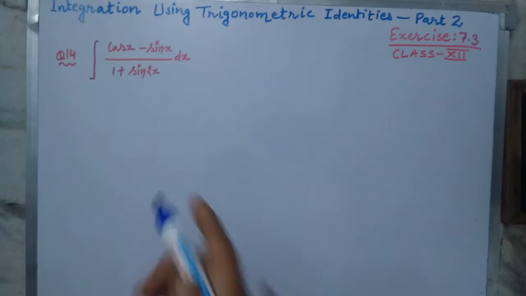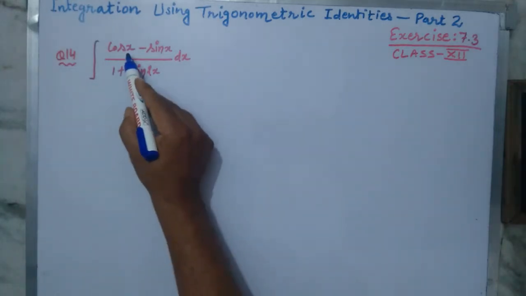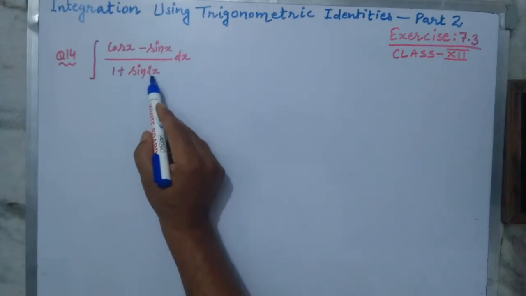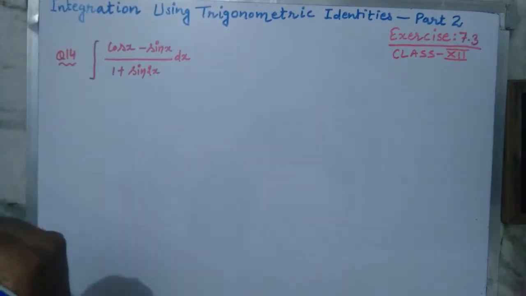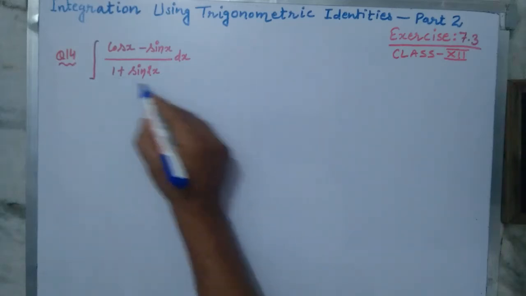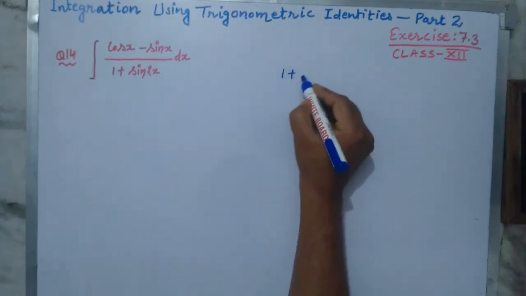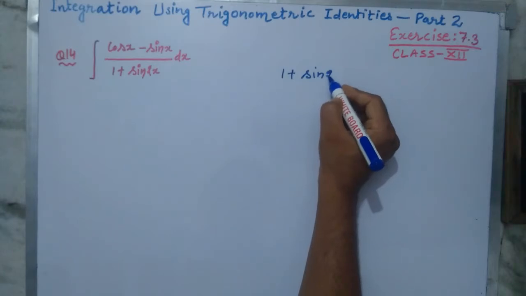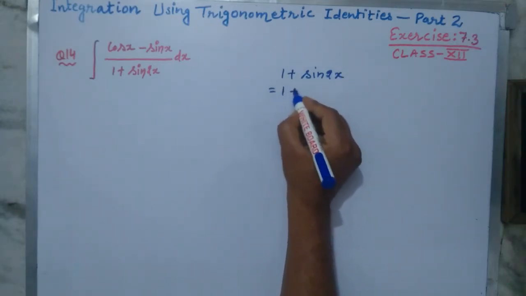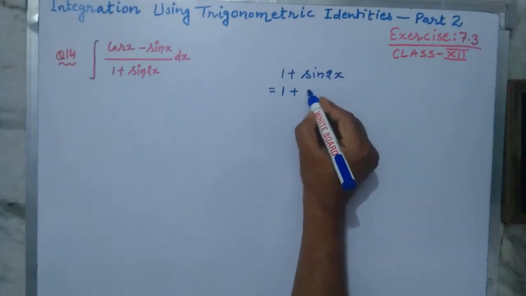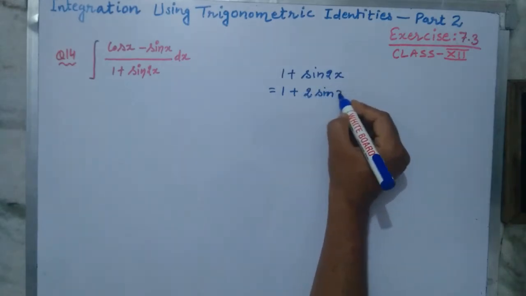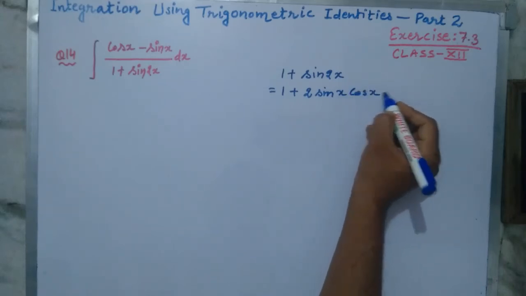Now we have question number 14. Integration of (cos x minus sin x) divided by (1 plus sin 2x) into dx. So first of all, here what we are going to do, 1 plus sin 2x. First of all we write this as 1 plus 2 sin x into cos x.